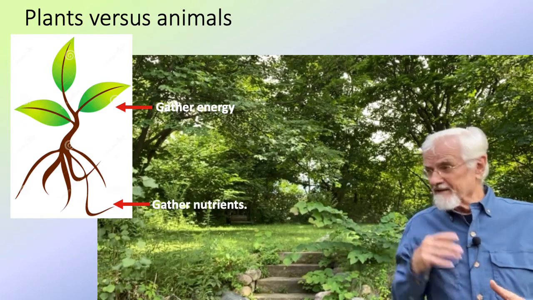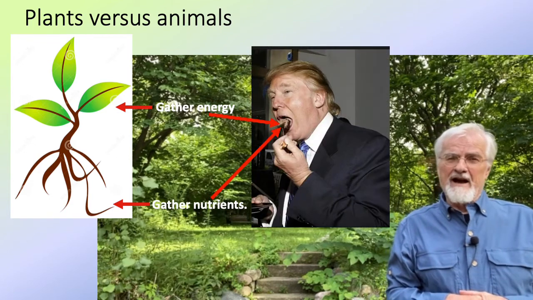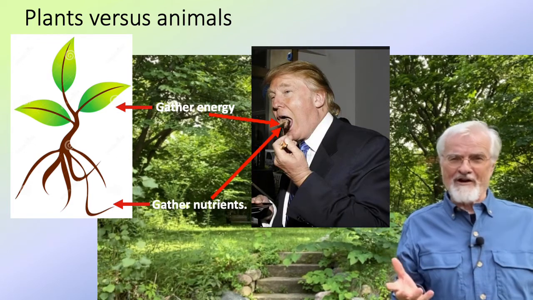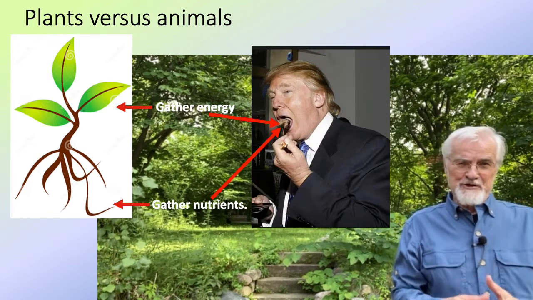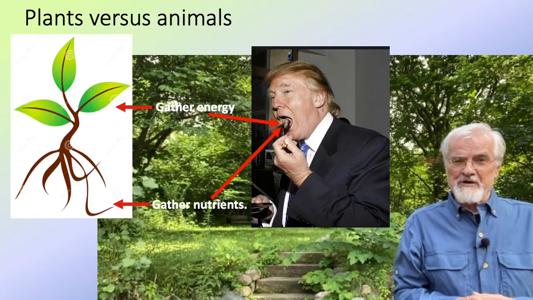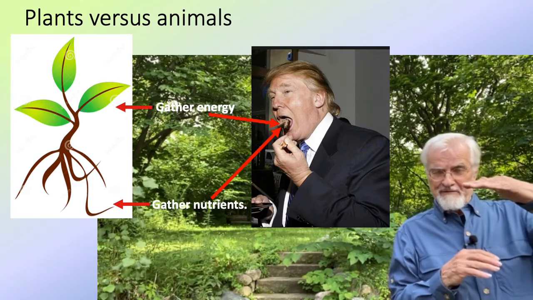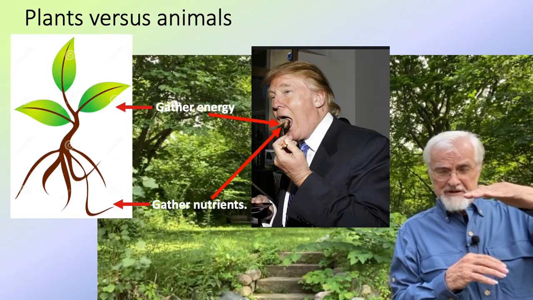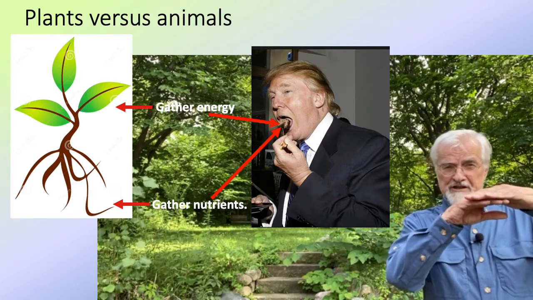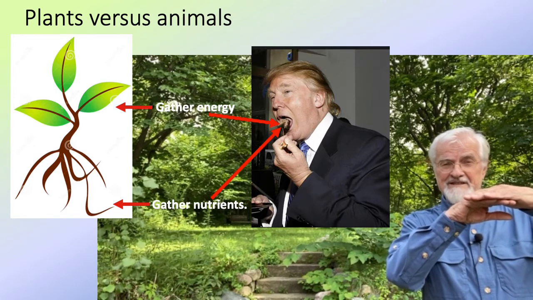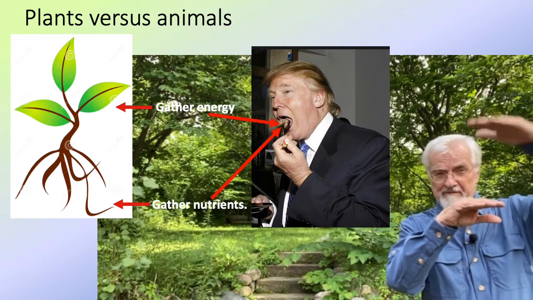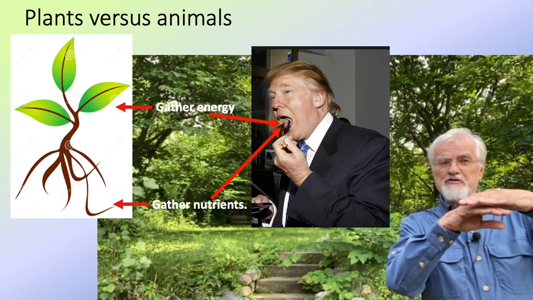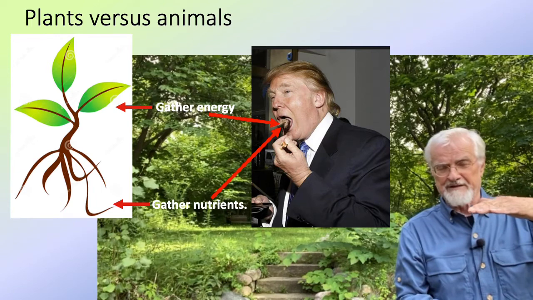We, Homo sapiens, have one organ that takes in energy and material. A plant gets its energy from the above ground part, but it gets its nutrients from the below ground part.